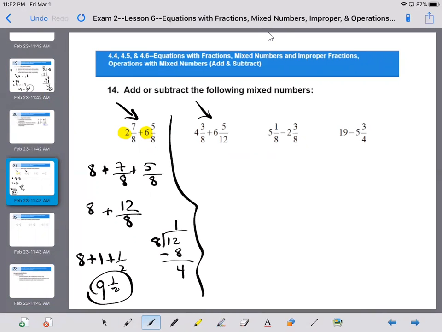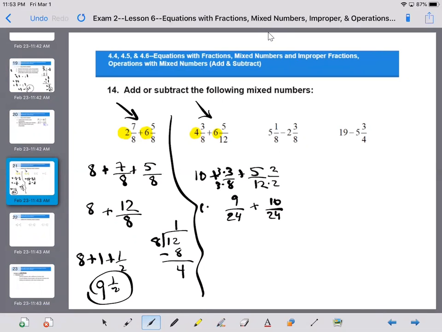Here I want to add the 4 and the 6, so that's going to give me 10 plus 3/8 plus 5/12. And I'm going to use 8ths and 12ths, so I'm going to make it 24ths. Those would be my LCM. So that'd be 10/24ths. And this would be multiplied by 3 divided by 3, so that'd be 9/24ths.